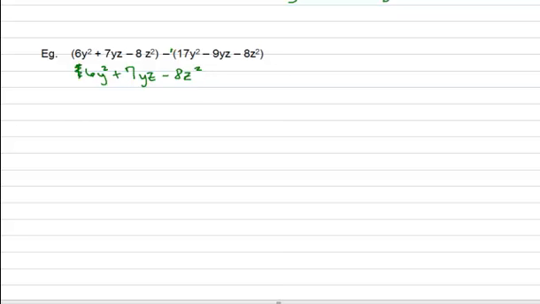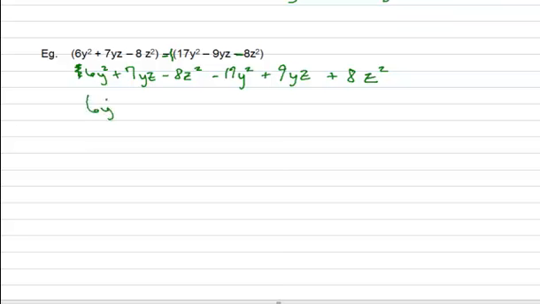And now for those of you who want the 1, I'm just going to stick it in there. But remember, we're distributing to get rid of that second parentheses. So negative 17y squared, negative, negative, positive 9yz, negative, negative, positive 8z squared.